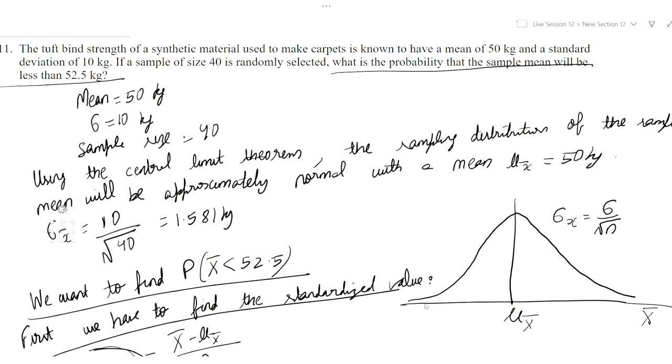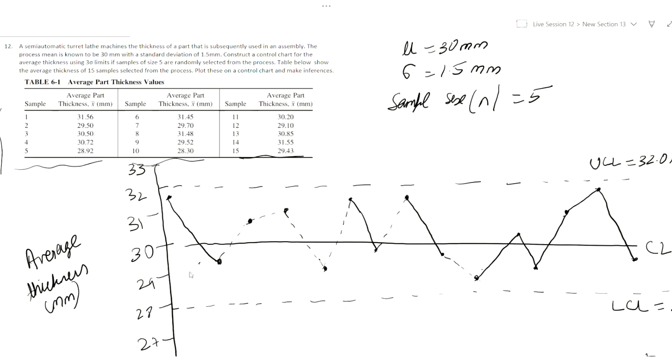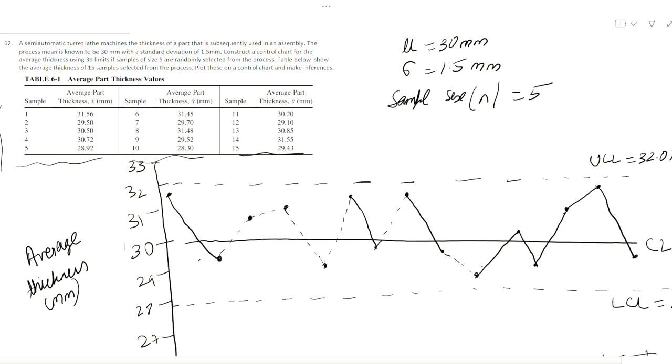Next, here we have to draw the control chart by finding the center line, upper control limit and lower control limit. Here we were given the sample and average part thickness, and the mean, standard deviation and sample size were given.